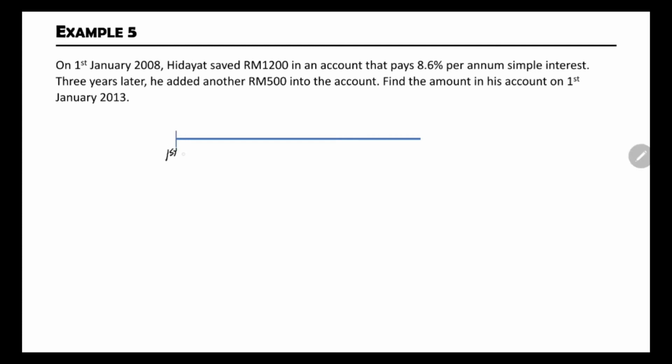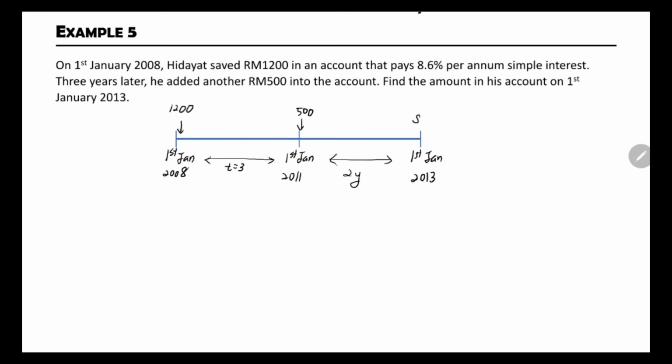On 1st January 2008, he put 1,200. 3 years later means on 1st January of 2011, duration here is T equal to 3 years. He adds another 500 into the account. And then he wants to find the total amount he has on 1st January of 2013. 2013 is 2 years from 2011. So the amount here is S.